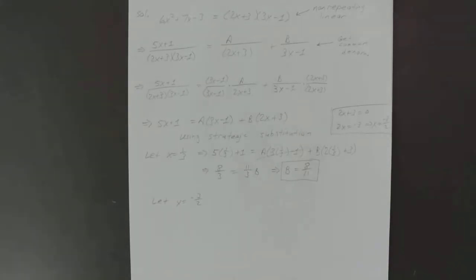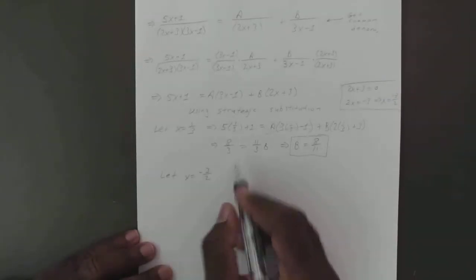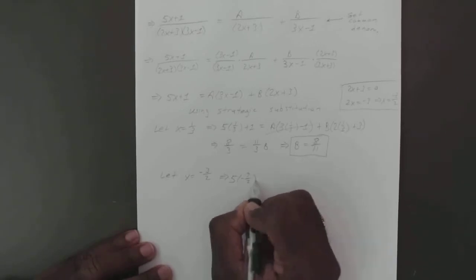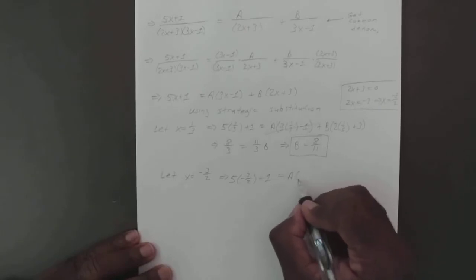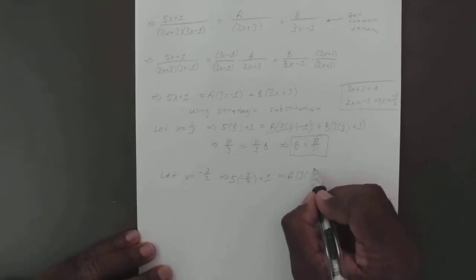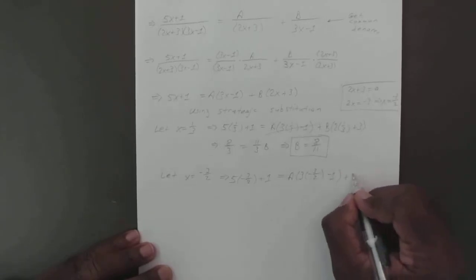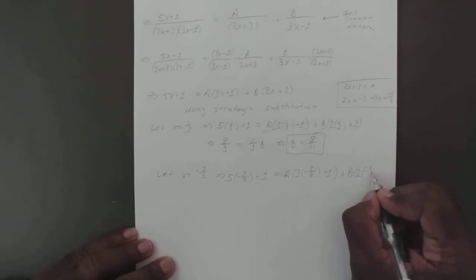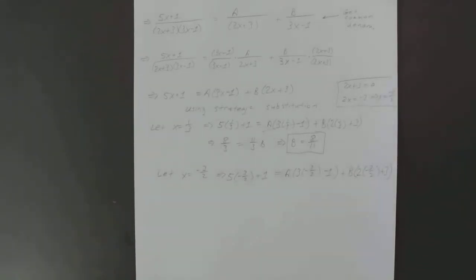Okay, so if we make x equal negative 3 over 2, that means we have 5 times negative 3 over 2 plus 1 equals A times 3 times negative 3 over 2 minus 1, plus B times 2 times negative 3 over 2 plus 3.